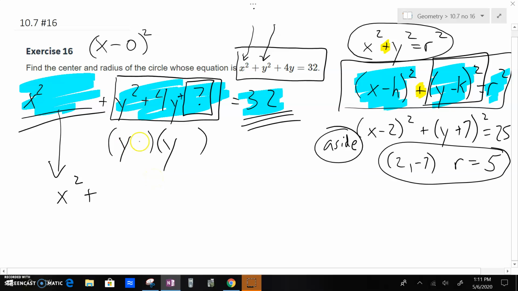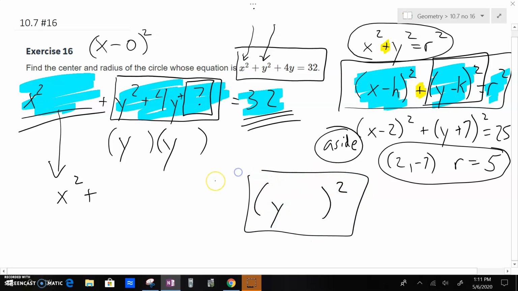It has to have a y and a y, in parentheses, and then squared, which is what we're looking to create. I then either need a plus and a plus or a minus and a minus, so it has to be exactly the same. In this case, because that's a positive 4y, I know it has to be a plus and a plus.